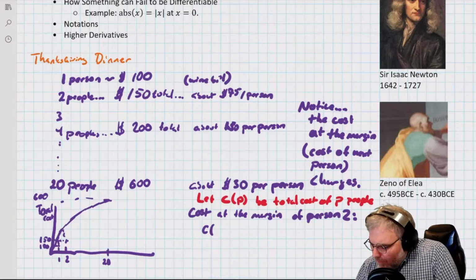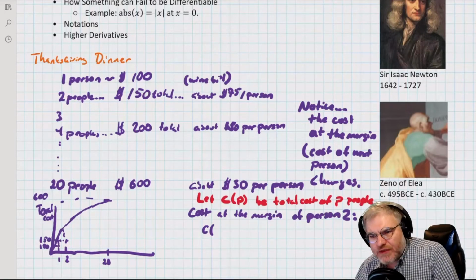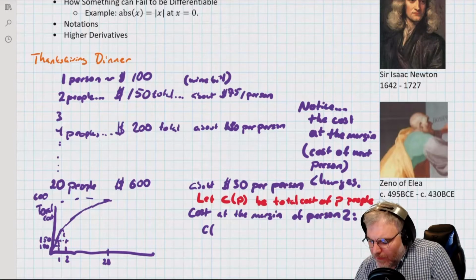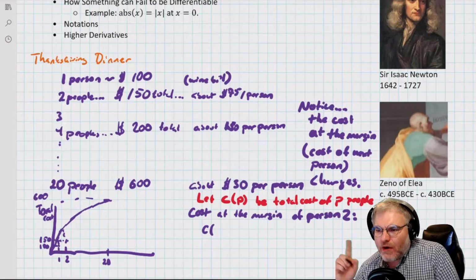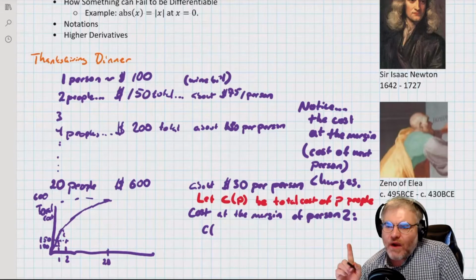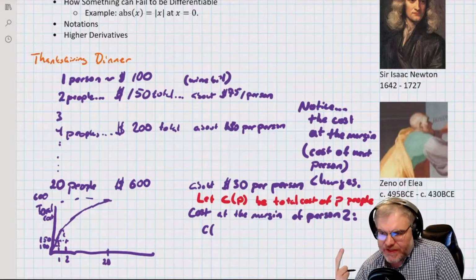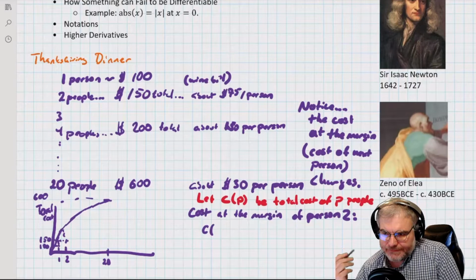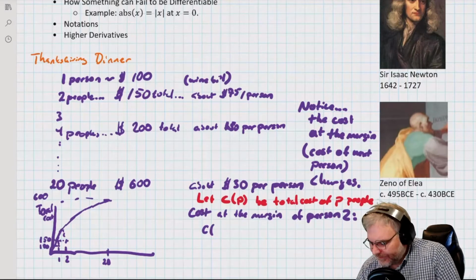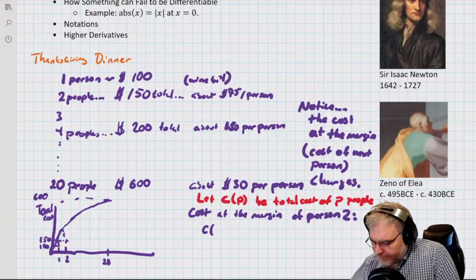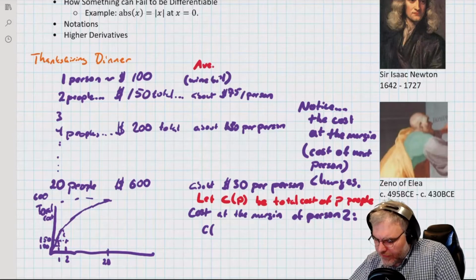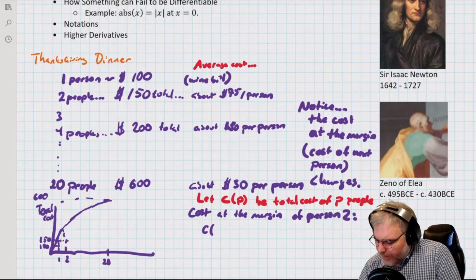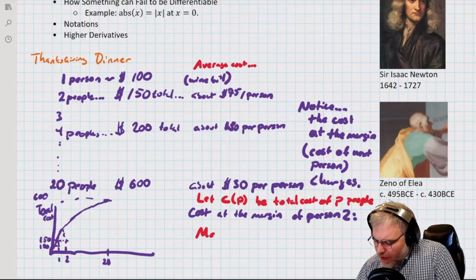Now, my marginal cost, which is different than my average cost. What's my marginal cost? If I'm already paying $100, if I'm already doing Thanksgiving for one, what is the cost of the second person? Okay. This right here would be average cost, which is different than marginal cost. So what I'm going to do is ask myself, what is the cost of the next person?